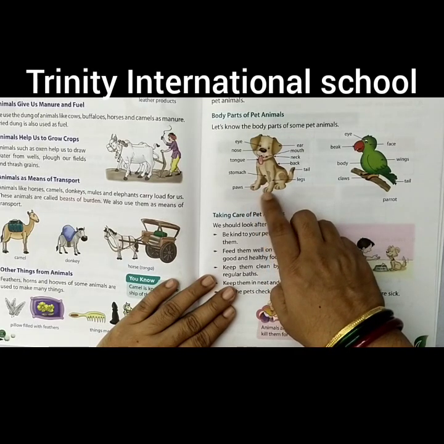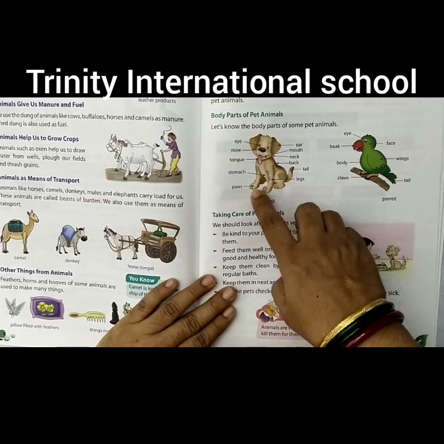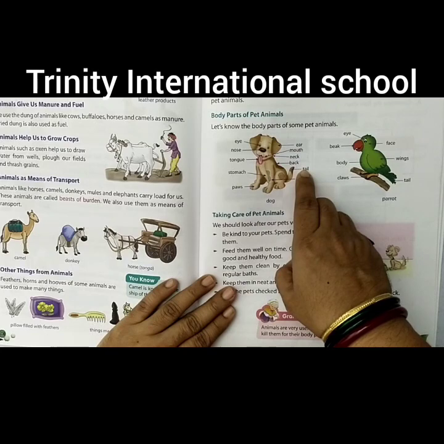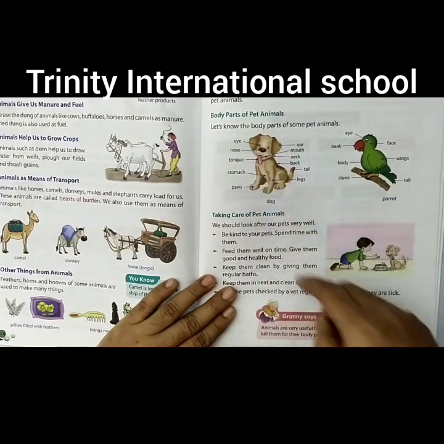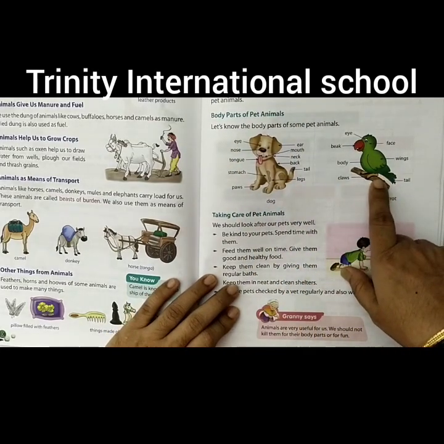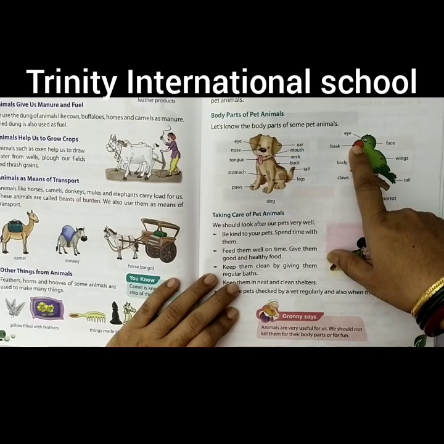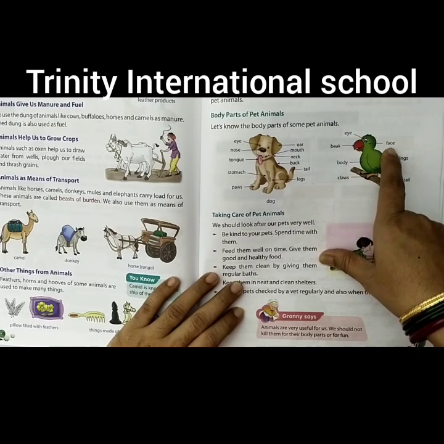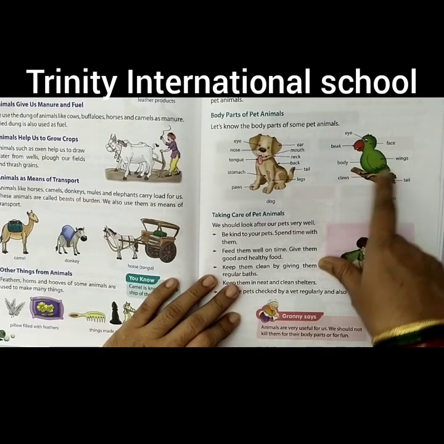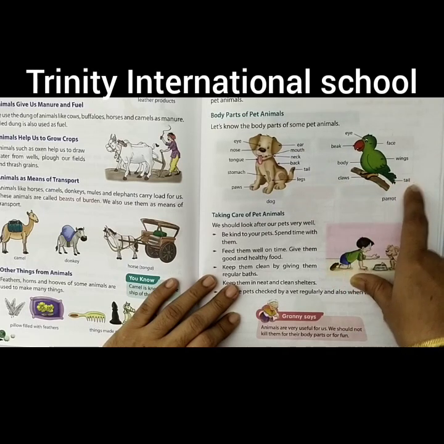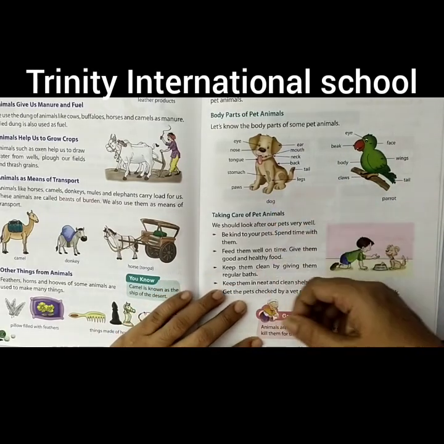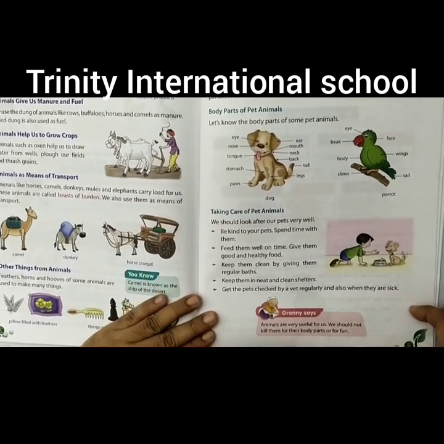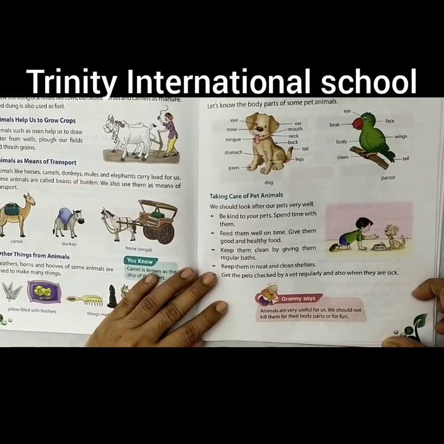Paws means fingers, okay, and then legs, then it has a tail as well. So these are the different parts of the dog. And then you have the parrot. Parrot is a bird which has the parts like eyes, beak, face, body, wings, claws and tail, okay. So these are the pet animals which are shown to you along with their body parts.